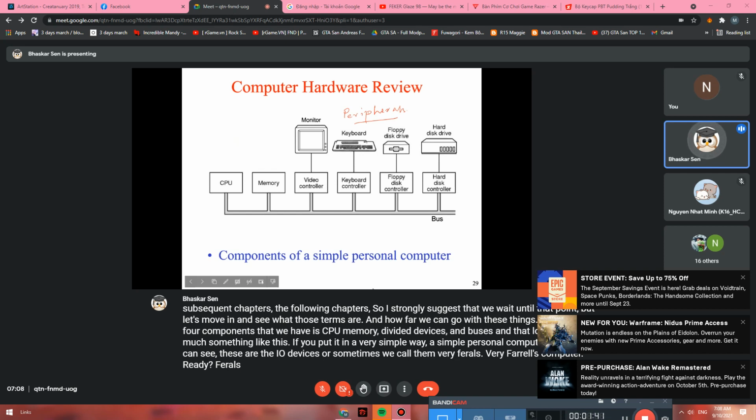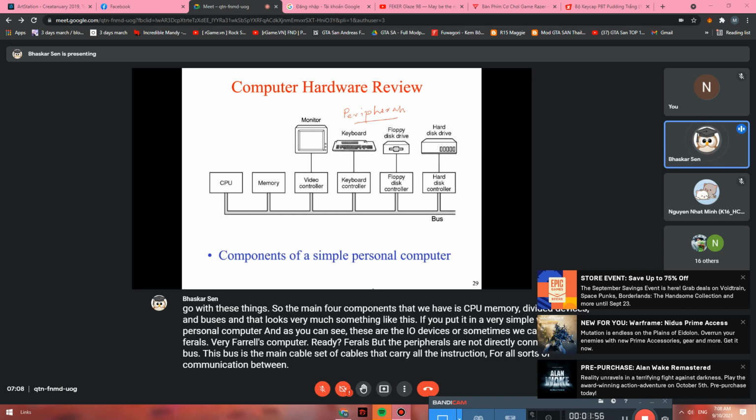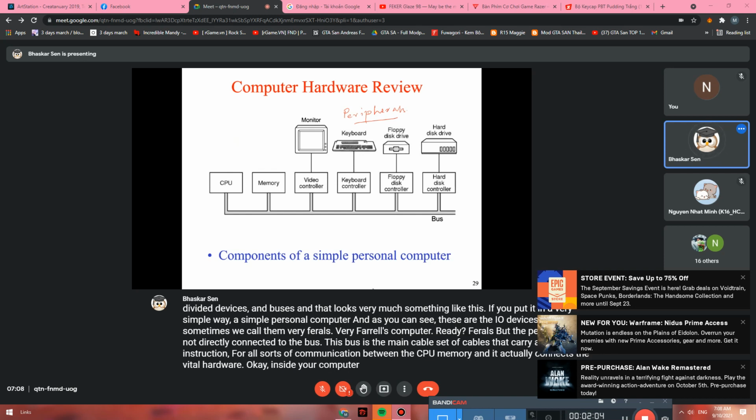But the peripherals are not directly connected to the bus, because the bus is the main set of cables that carry all the instructions for all sorts of communication between the CPU and memory, and it connects the vital hardware inside your computer. But the bus is not directly connected to all these peripheral devices.